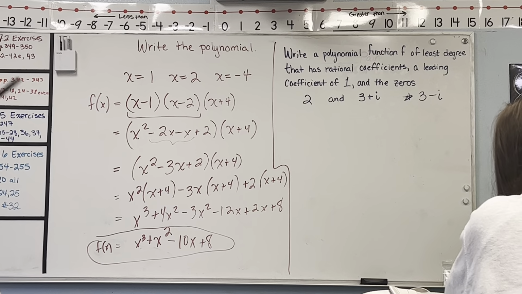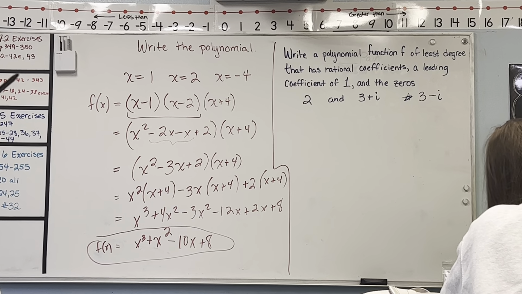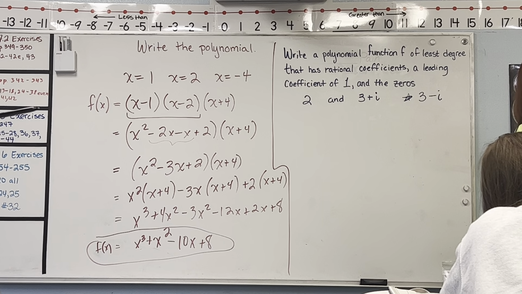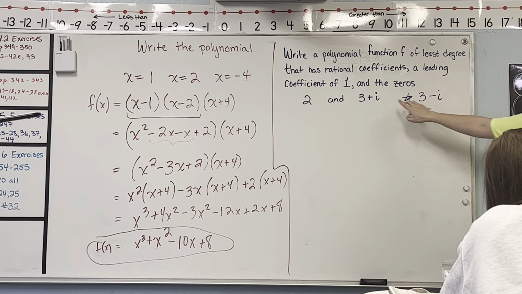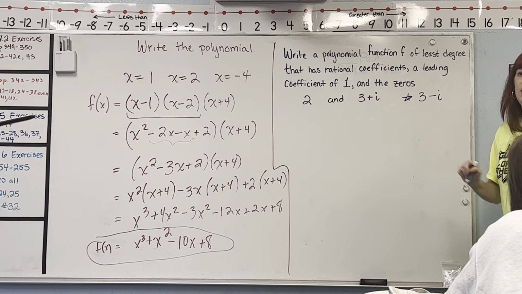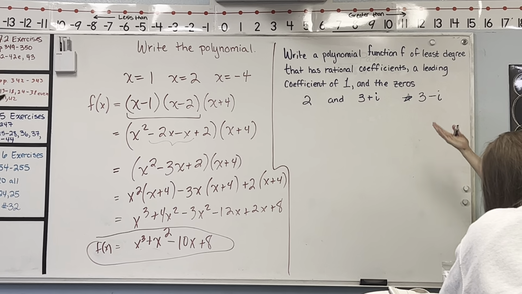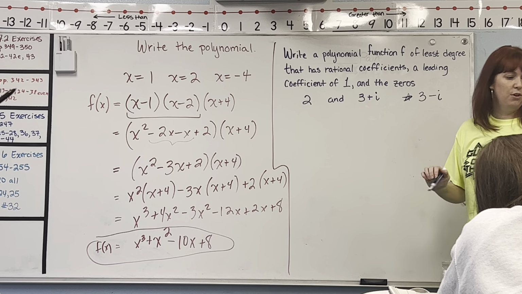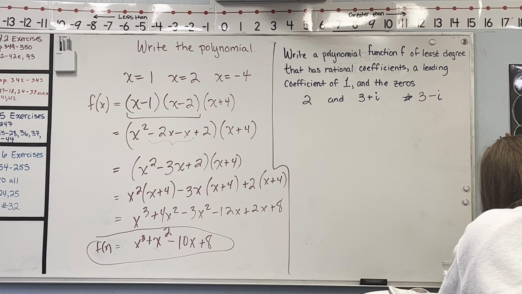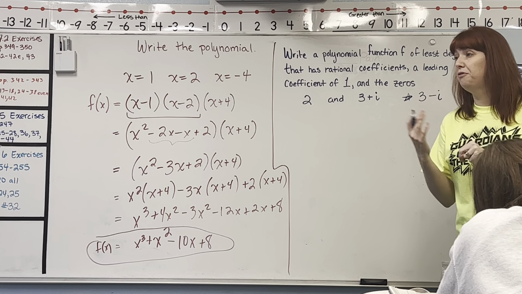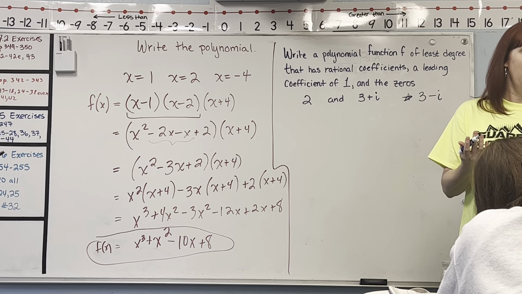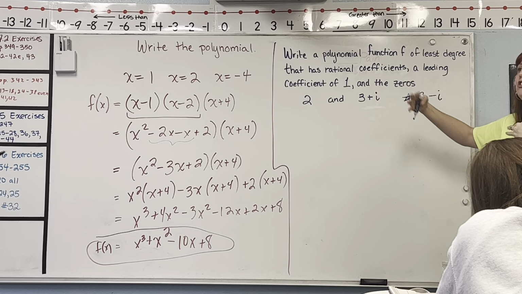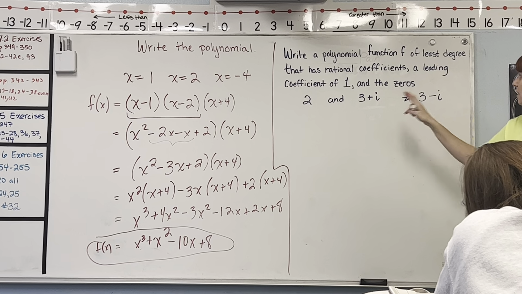And it's because of, kind of because of this law. These are conjugates of each other. A plus b, a minus b. The conjugate is always same numbers, different sign in the middle, okay? That could also look like 2i and negative 2i. You could have no number in the front. Same thing with square roots. If you have 1 plus the square root of 5, you should also have 1 minus the square root of 5. So imaginary solutions always come in pairs. There's a positive and a negative every time.